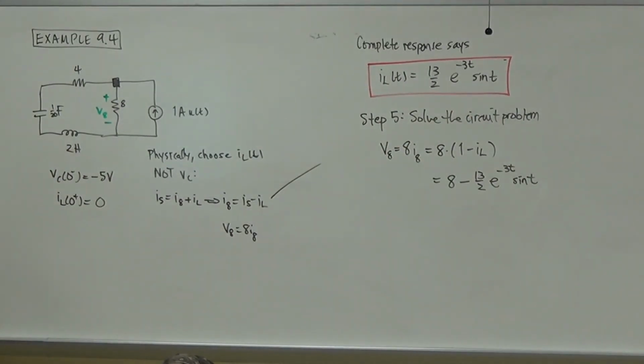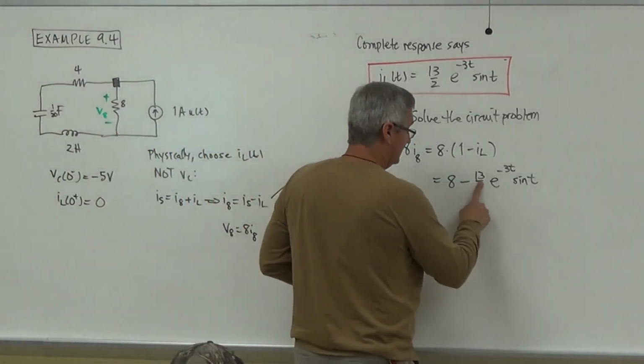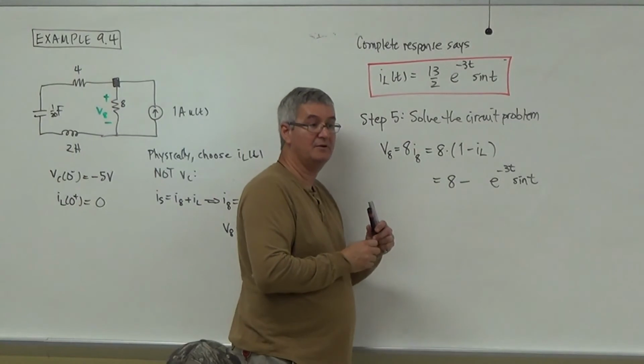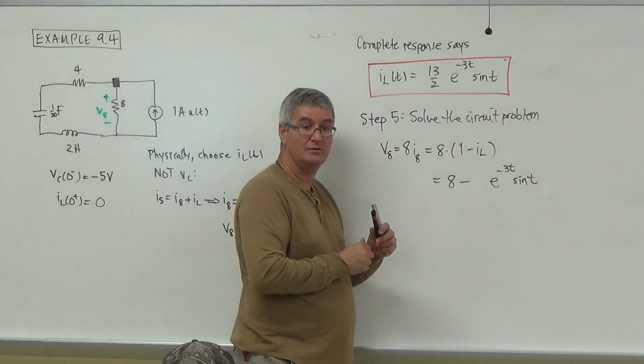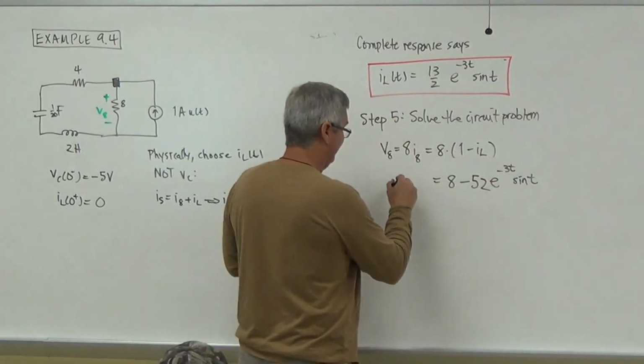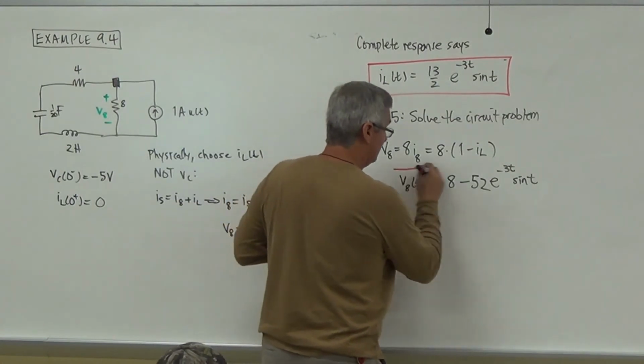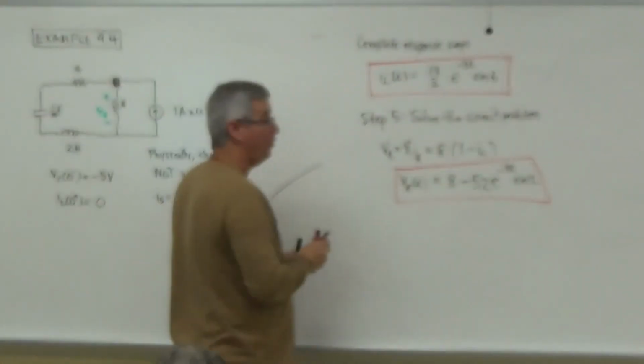Did I do something wrong? Distribute. If I distribute the 8, that's got to be 52. So that's our problem right here.